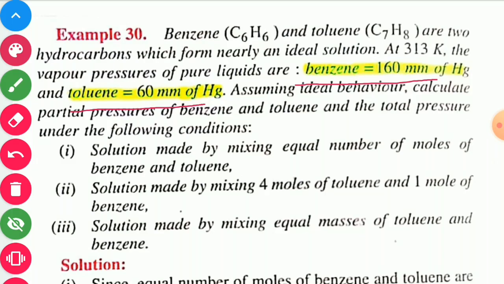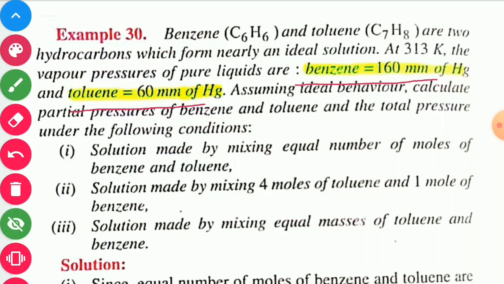If we take an equal number of moles of each component, the mole fraction of each component will be 0.5. So in this case, two components, benzene and toluene, are given, and we have to find three things.